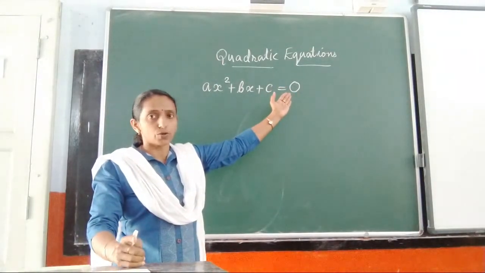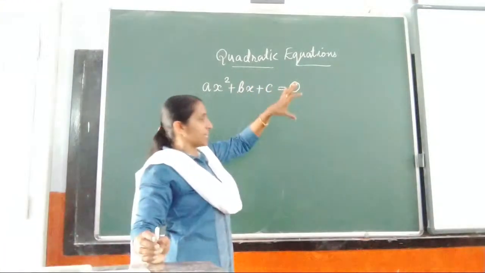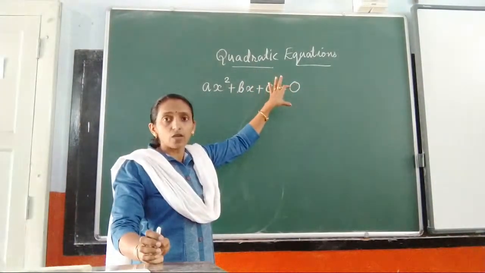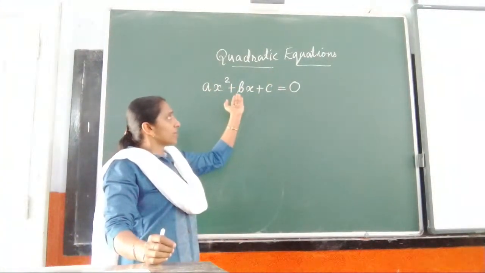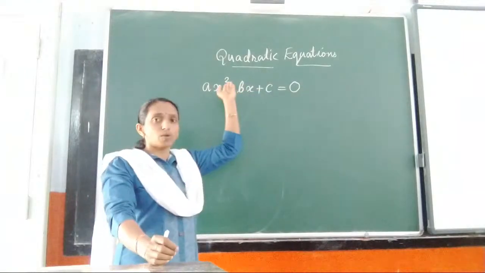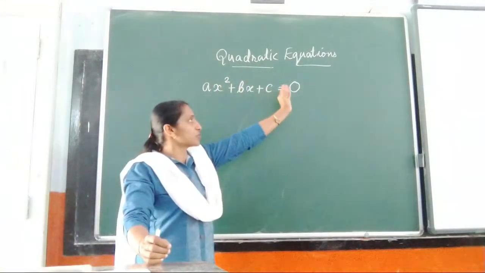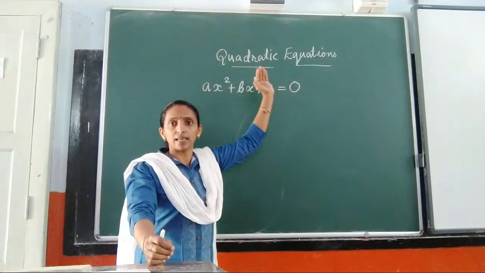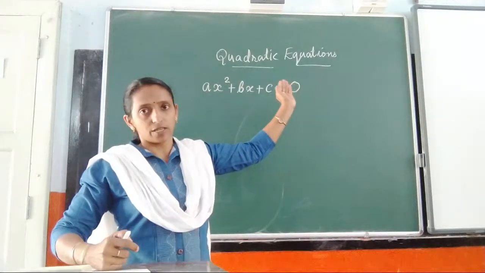as I told you last class, when we get an equation, that means there will be an equal sign. So here a trinomial ax square plus bx plus c, of degree 2, when equated to 0, is known as a quadratic equation.